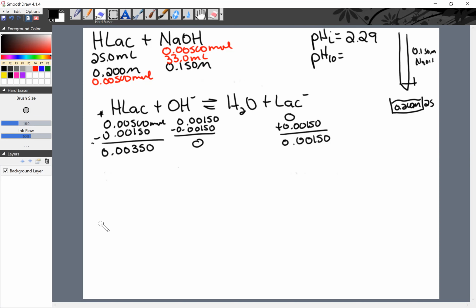Now I either need to use the equilibrium expression or am I buffered? You're buffered. And the answer is yes. Hallelujah. Because in other words, we'd have to do all those dilutions. So the pH is equal to, whoops, I don't know the pKa yet. So take the Ka of lactic acid and take the negative log of it.